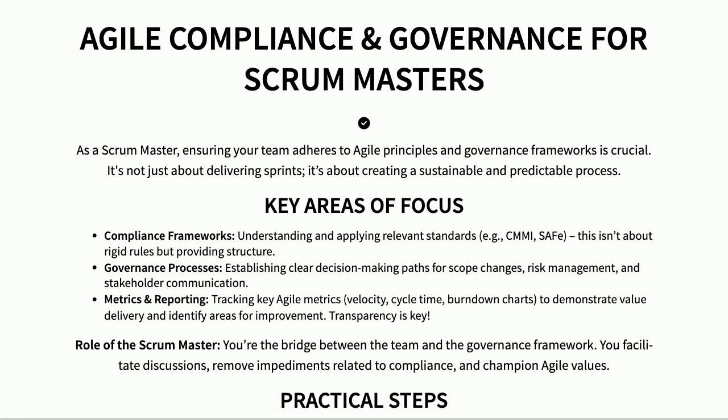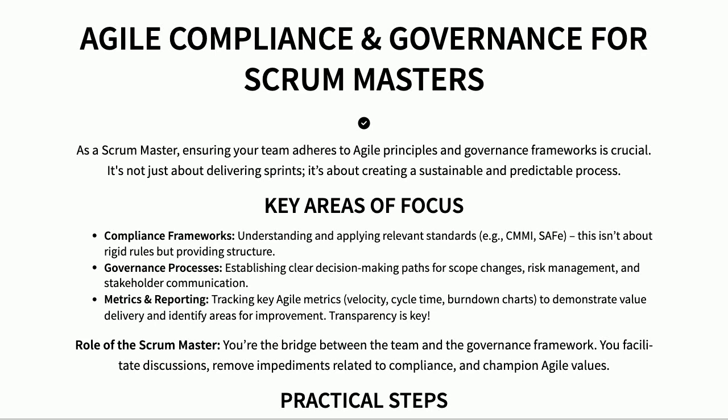Okay, let's talk about agile compliance and governance, a really important part of being an effective Scrum Master. It's not just about ticking boxes, it's about building a solid foundation for your team to thrive within the larger organization. We're looking at things like aligning with standards that might already be in place, setting up clear decision-making processes so changes don't derail the sprint, and tracking metrics but in a way that actually shows how well the team is delivering value.